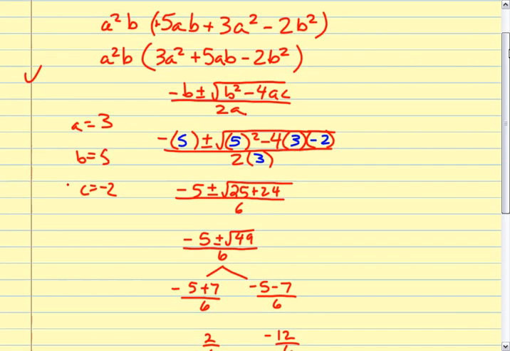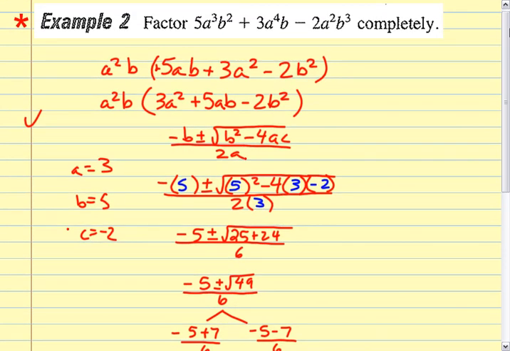They gave us a's and b's. So now, I'm going to have a squared b, parentheses, parentheses. This is going to be 3a minus 1b and 1a plus 2b. Can we just put 3a minus b? Yeah, you don't need the coefficients in front of the variable if it's 1.